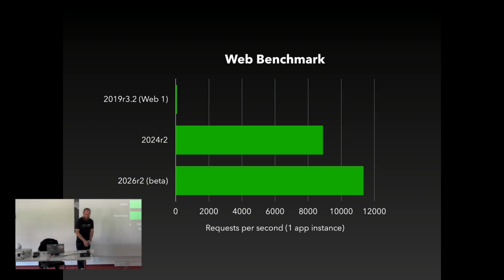I've tested on my laptop, and on Web 1, I was able to serve around 70 requests per second. Last time I came here to Germany, I announced that we were at about 10,000 requests per second, but we were between 8,000 and 9,000 requests per second.